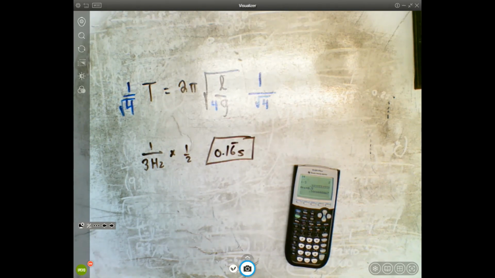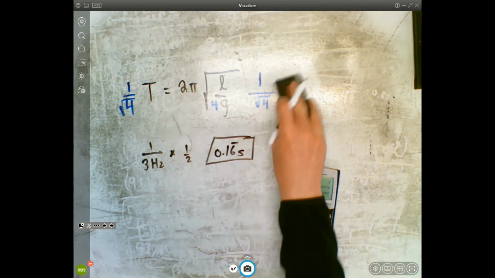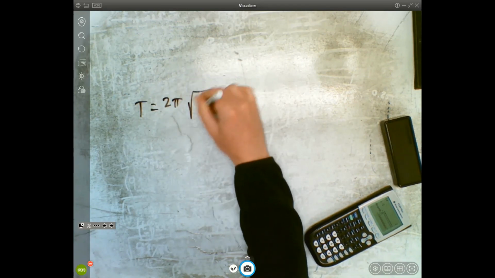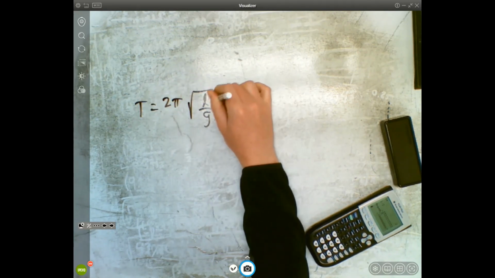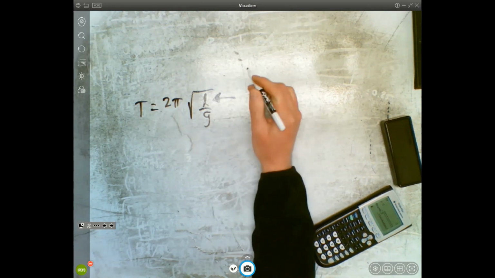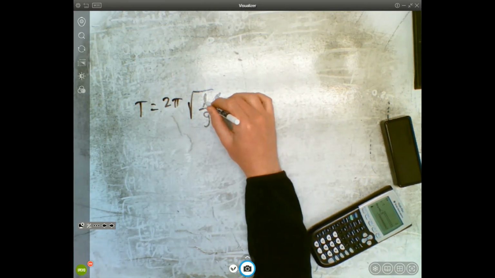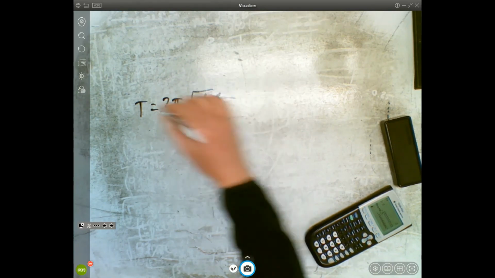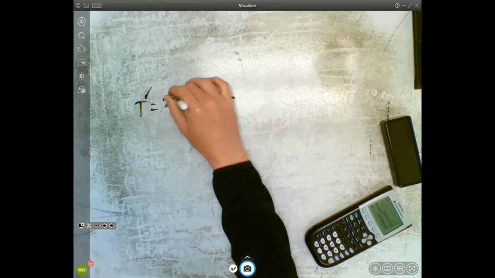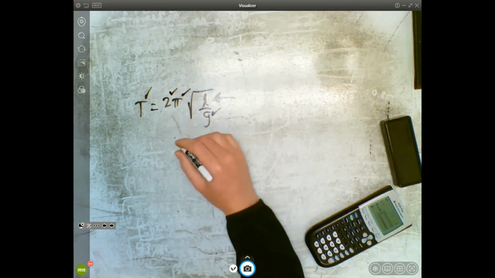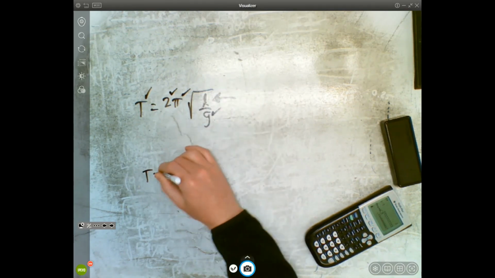The other way of doing this question, the much harder way, is you have to find common ground between them. So you get period equals 2 pi square root L over G. L is the same between Titan and Earth. So you find the length on Earth, because you know this on Earth, and rearrange this, and then use that same length to do another question.